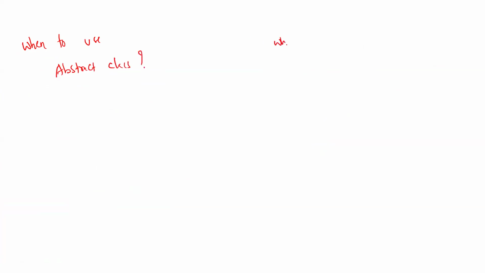The next one: when to go for abstract classes and when to go for interfaces? Both look like abstract methods only. When to go for abstract class is one question, and when to go for interface is another question.